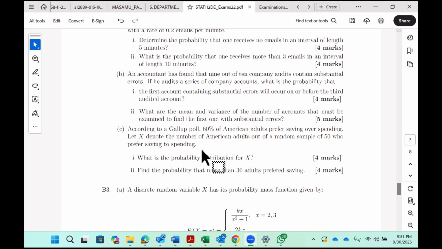If he audits a series of company accounts, what is the probability that one, the first account containing substantial errors will occur on or before the third audited account. So here we are dealing with what? Geometric distribution. So your probability of error will be what?